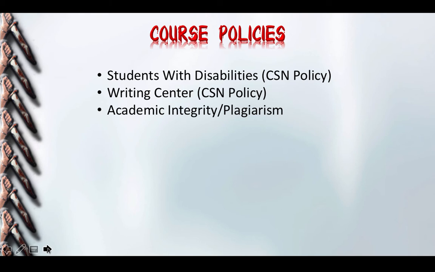So for your works cited page, all you have to do is copy and paste the entries that I've already put together for you. So you don't have to worry about formatting the works cited entries. I've done that. But you do have to make sure that you know how to use in-text citations properly. Because if you don't use in-text citations properly, that's plagiarism. And you won't get a passing grade in the paper, and you probably won't pass the course.